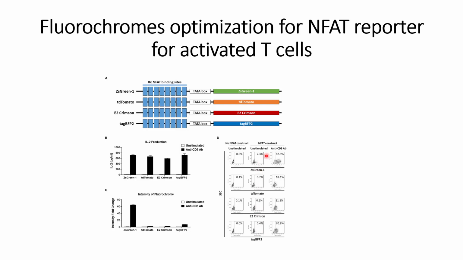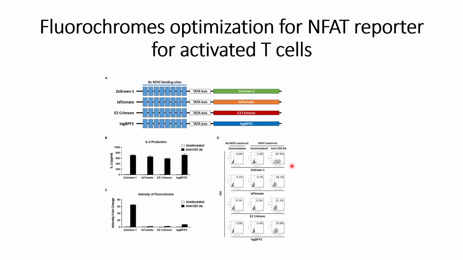But when anti-CD3 antibodies are used for stimulation or activation of the T cells, we can see the signal increase to 87.9% in the case of ZsGreen, 18.1% in the case of tdTomato, 21.1% in the case of E2-Crimson, and 70.8% in the case of TagBFP2.